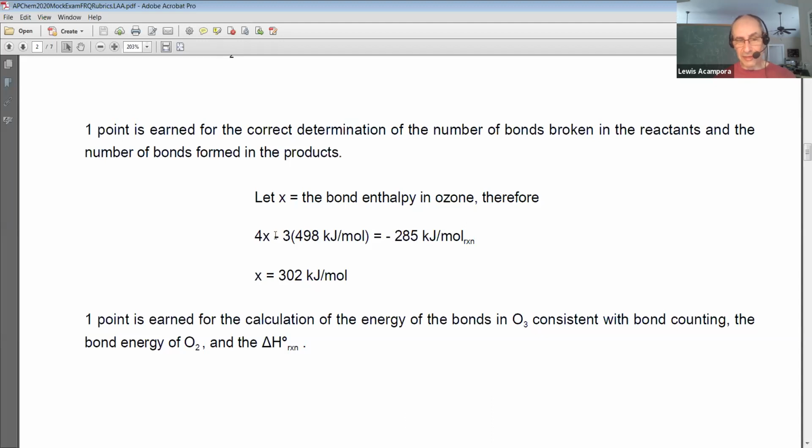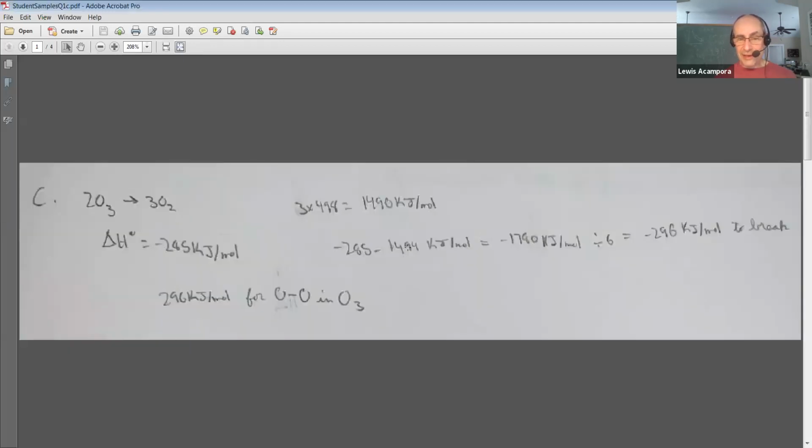So this should come over to this side of the equation as a positive number. And over here, it's been subtracted. So had this been a positive number, had there been a plus sign here, then this would have earned a point. This is kind of tough because the student did a lot of things right and made 2 errors, but that turned this from a 2-point response down to a 0-point response.